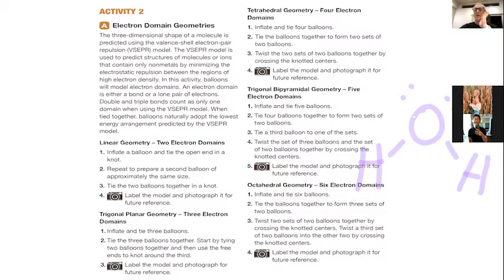What's an electron domain? Rachel, you got an idea? Is it something with like the pairs?